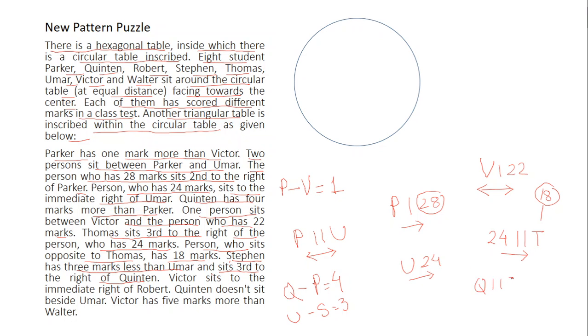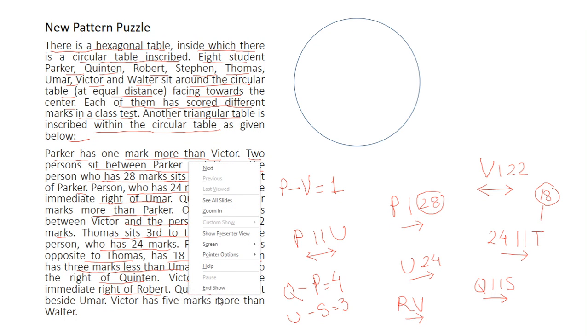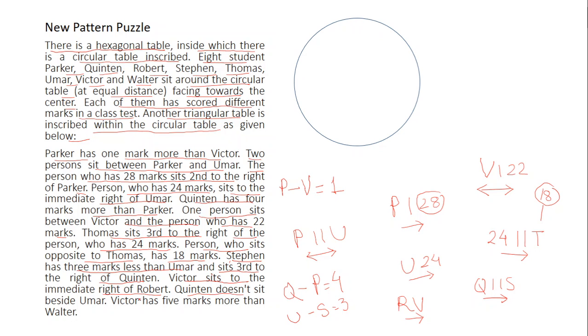Then Victor sits to the immediate right of Robert, where Robert is R. Quentin does not sit beside Omar.